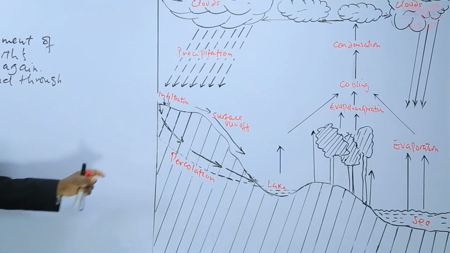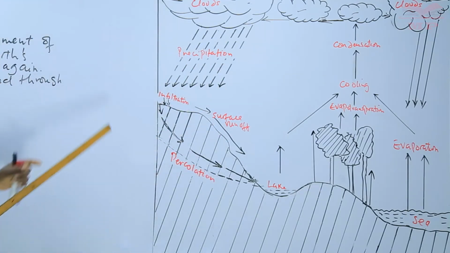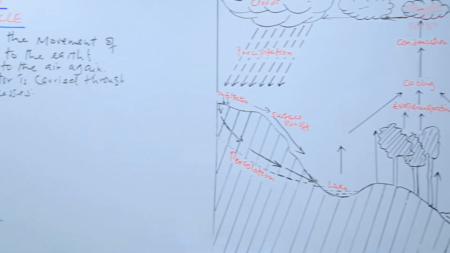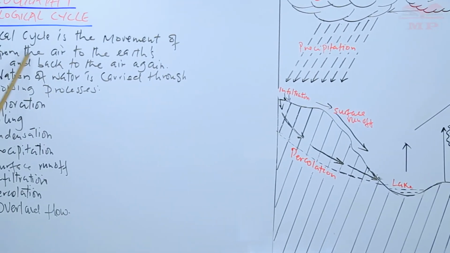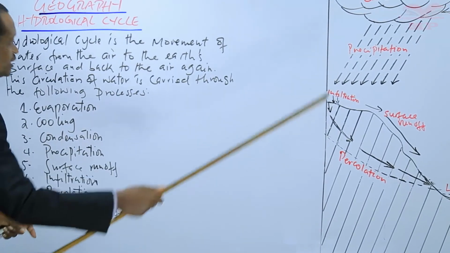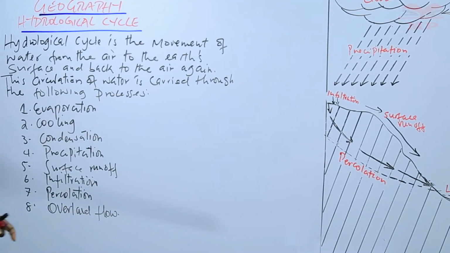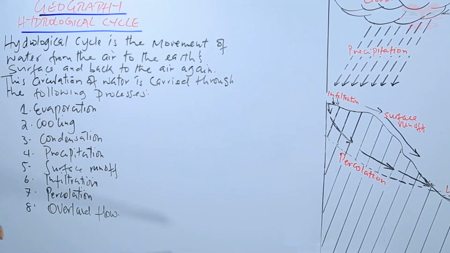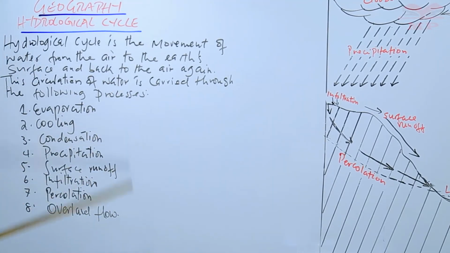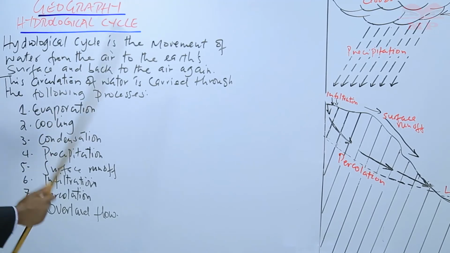So that explains how water moves, learners, from the air to the earth's surface and back to the air again. So the cycle continues day in, day out, month in, month out, year in, year out. That is the hydrological cycle.